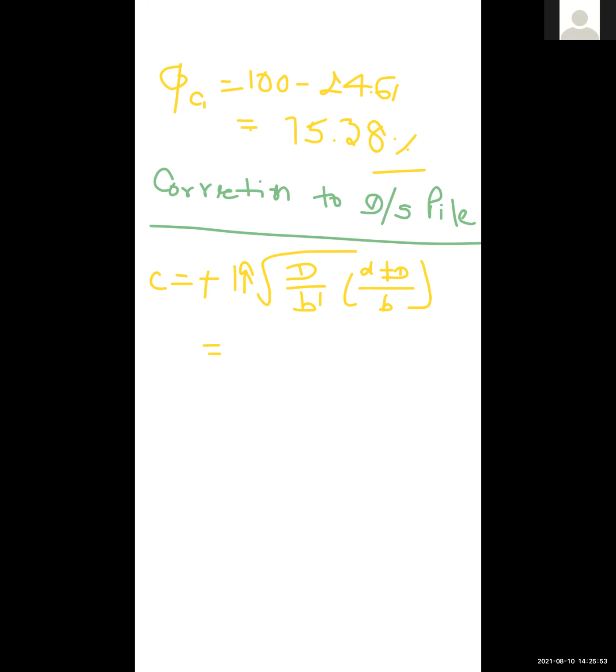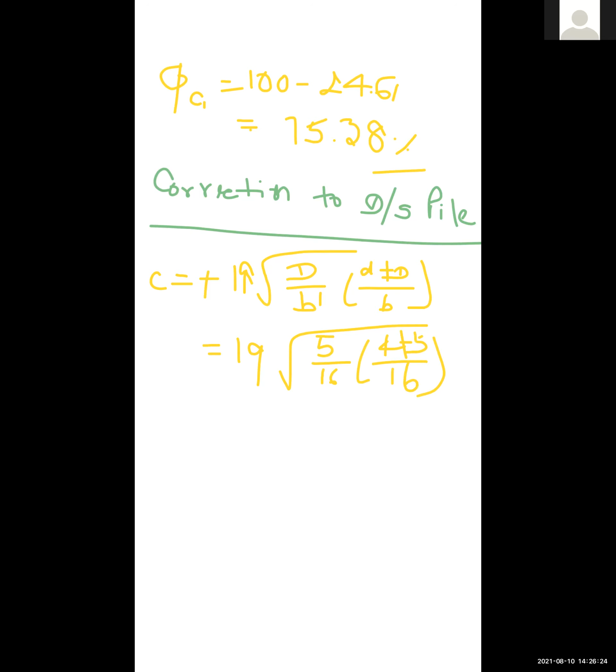Then put the value of b and d, 19 under root of 5 by 16 into (4 plus 5) by 16.